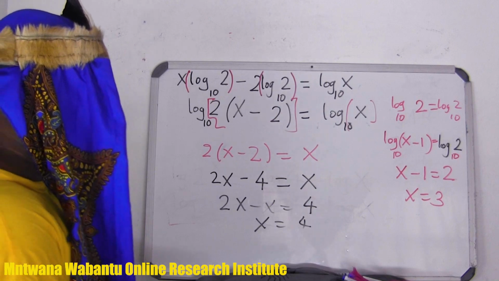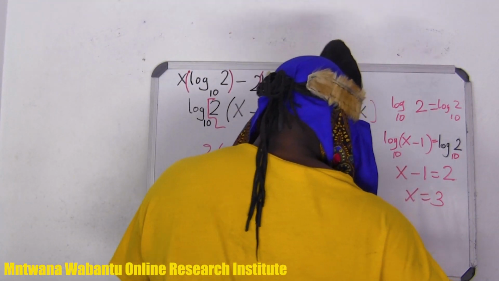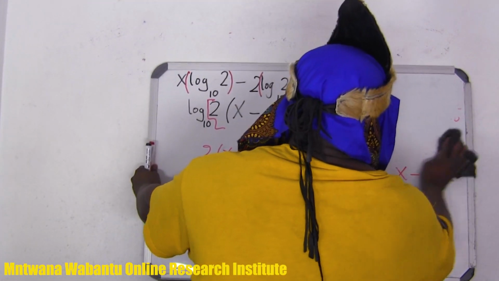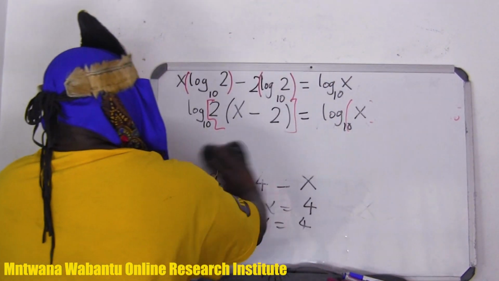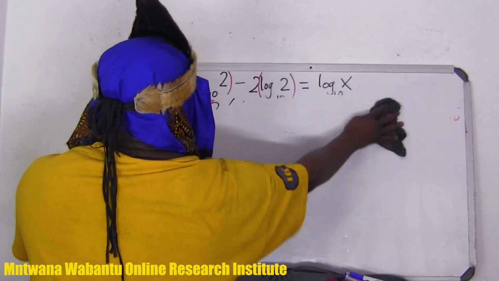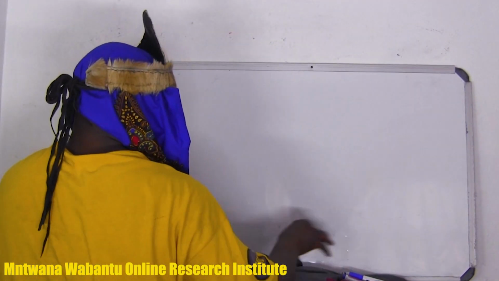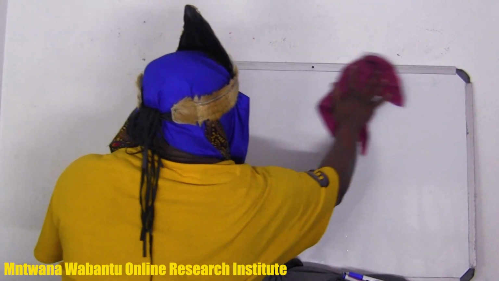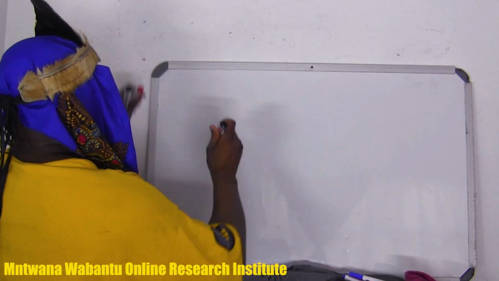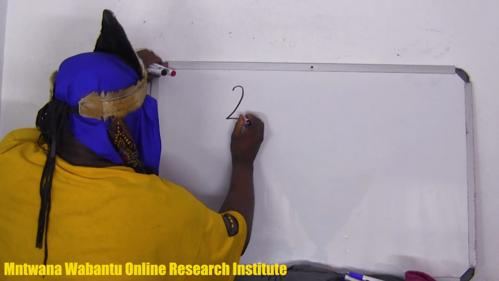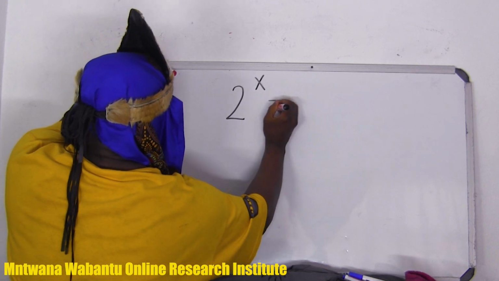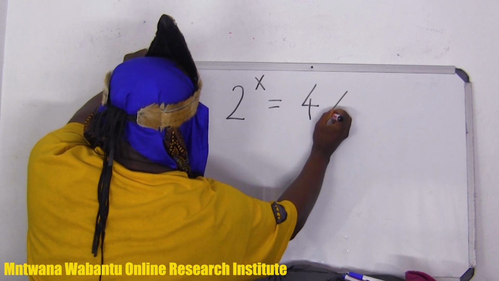Let's test to see if it's true. I'm going to show you another method now. So the question was 2 power x equal to 4x.